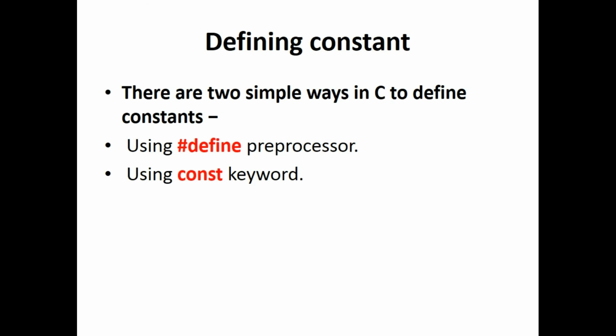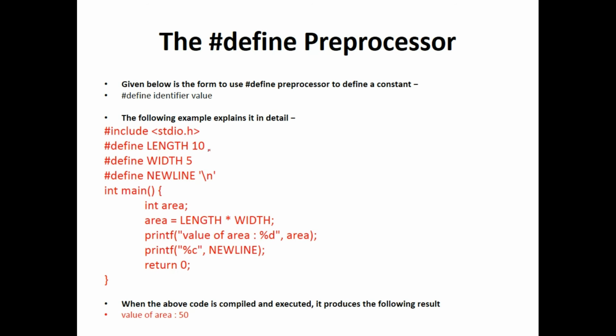How can we define a constant? We can define a constant by using #define or the const keyword. Suppose that instead of 10 I want to use another name for 10. I will write #define, then the new name, that is length, and the value I want to rename, that is 10, or that can be an expression.